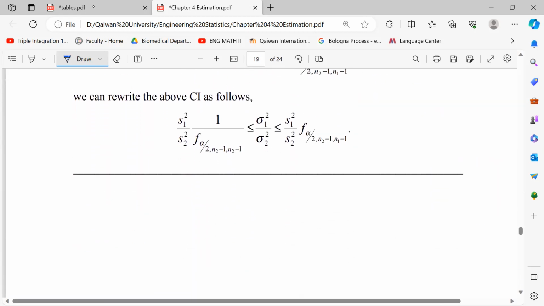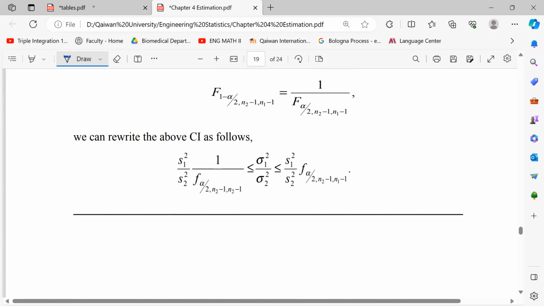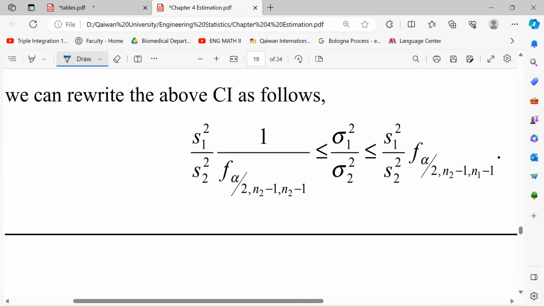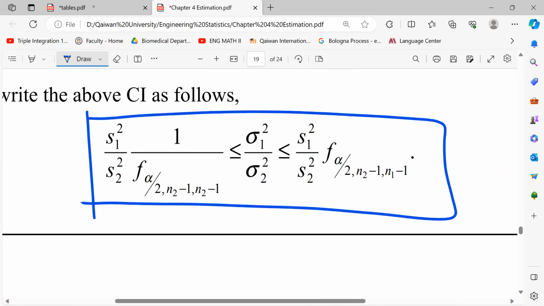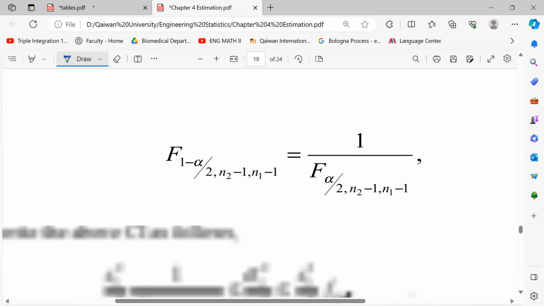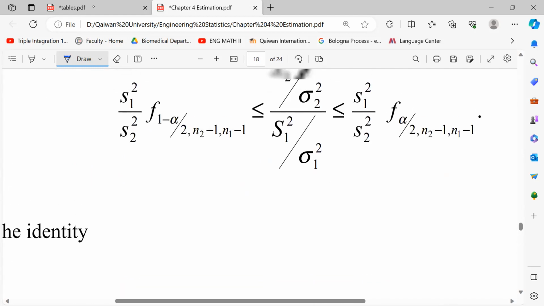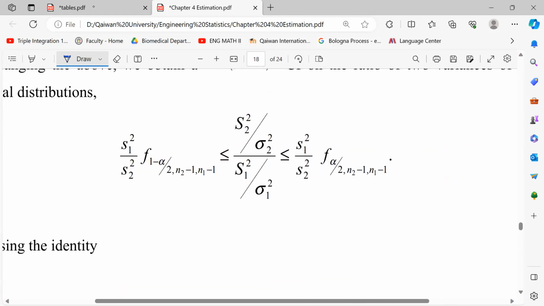Here, we use this rule. Look, in the previous one, we have this rule, but here we have 1 minus alpha over 2.